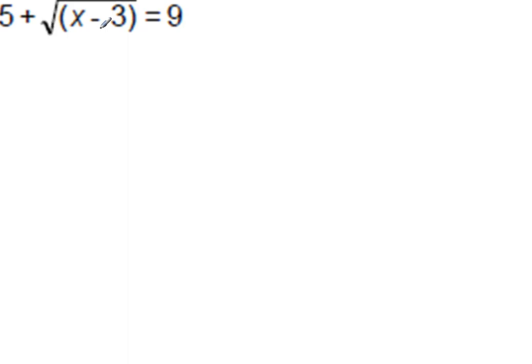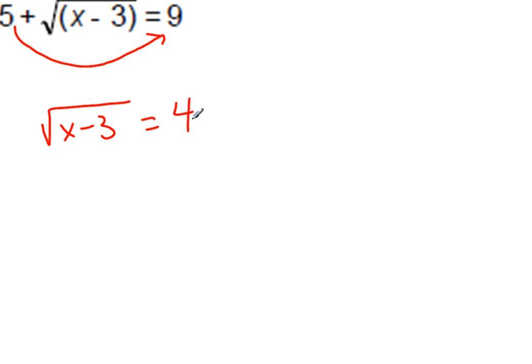Let's look at another example. Right on this one, notice the radical is not isolated. So in order to isolate the radical, I'm going to subtract 5 from both sides. So I have the square root of x minus 3 equals 4, because I subtracted 5 from both sides. Now I've got it isolated.